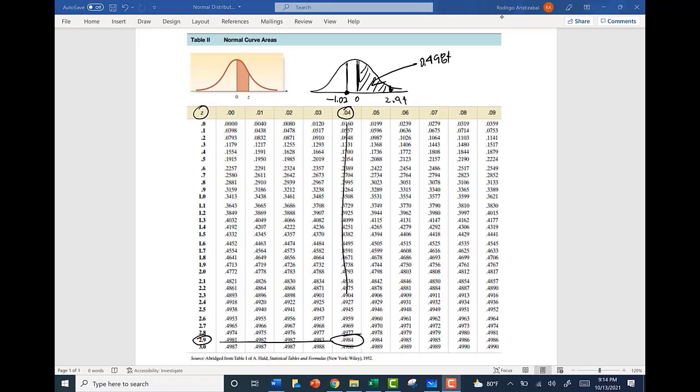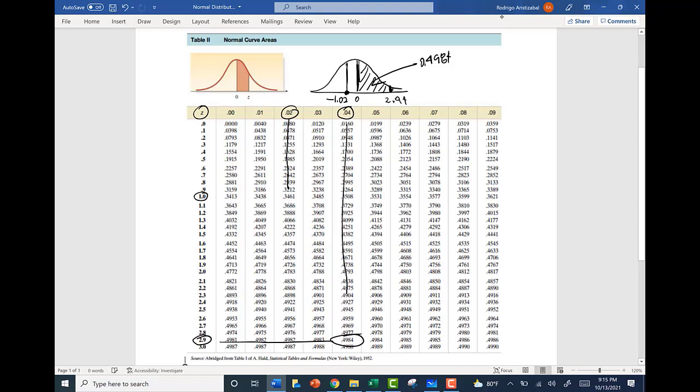If we want the area between negative 1.02 and 2.94, we need to add the area between negative 1.02 and 0 and the area between 0 and 2.94. The area between negative 1.02 and 0 is equivalent to the area between 0 and positive 1.02. 1.02 is located here.